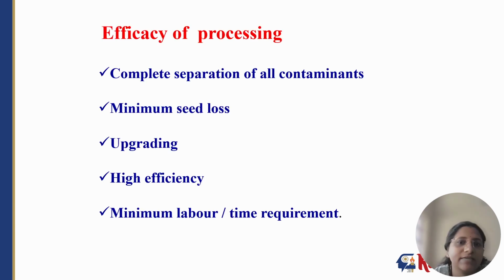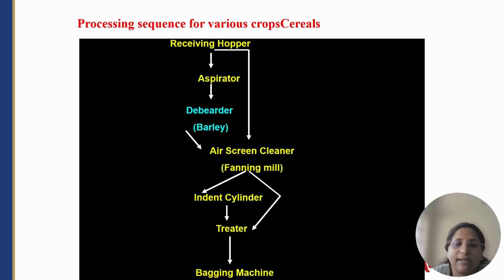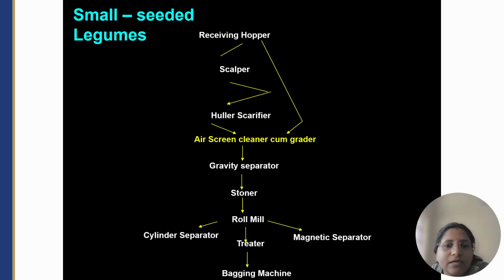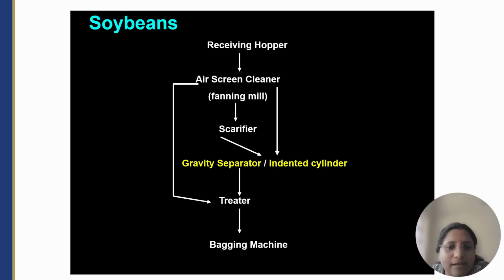The efficacy of processing is based on the complete separation of all contaminants with minimum seed loss, and it improves efficiency and labor requirements. These are the different processing sequences for cereals, legumes or pulses, and oil seeds.